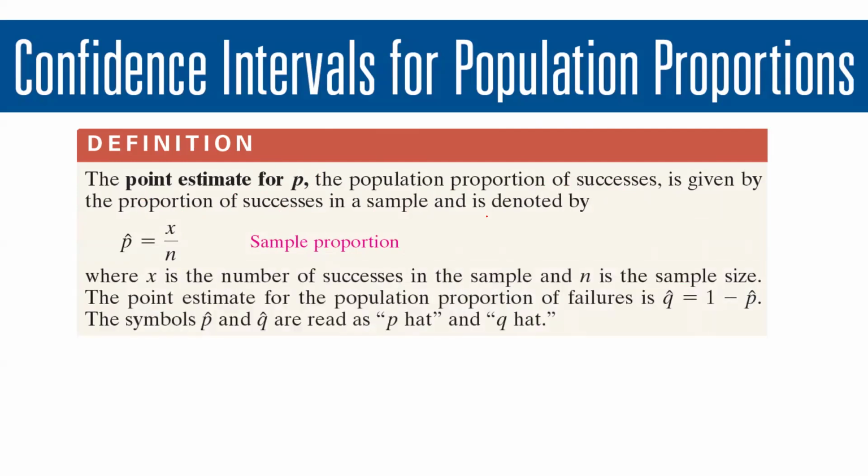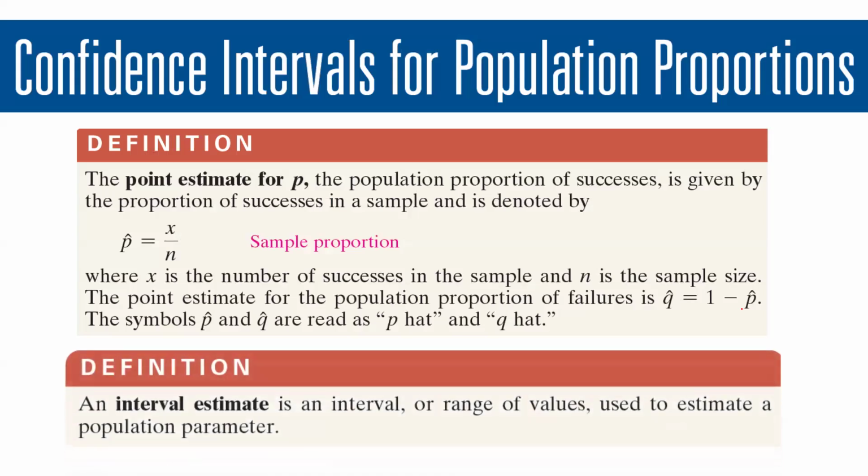X is the number of successes, or the number of yes in the sample, and N is the sample size. The point estimate for the population proportion of failures is denoted by Q hat, which is 1 minus P hat.